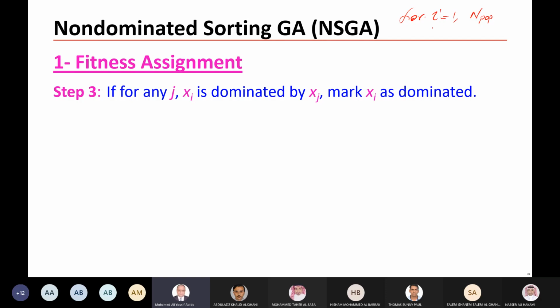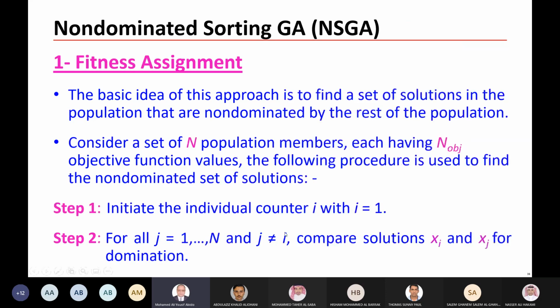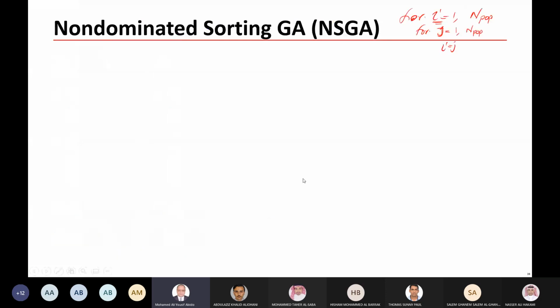Then you start another for loop from j equal to 1 to n also. But if i equals j, skip, because this solution is already considered. For all solutions j not equal to i, you compare.